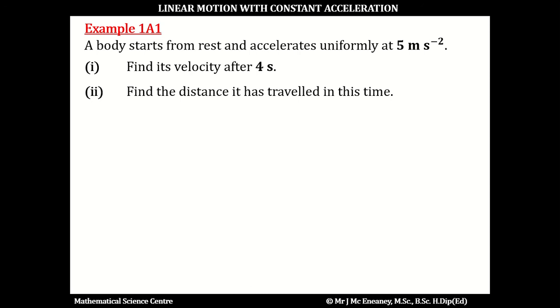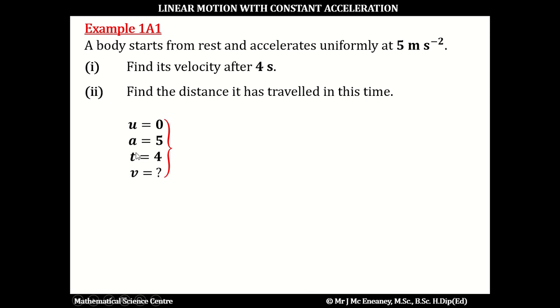So we're going to use these equations to look at these examples. A body starts from rest. This means that its initial velocity is 0. The acceleration is 5. We want to find the velocity after 4 seconds. u is 0, a is 5, t is 4, and we want to find out what v is.